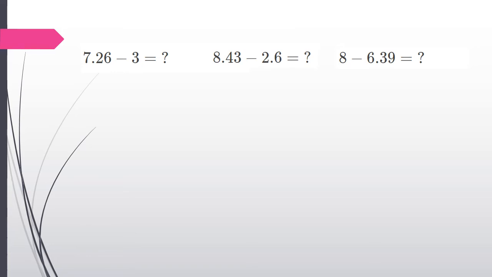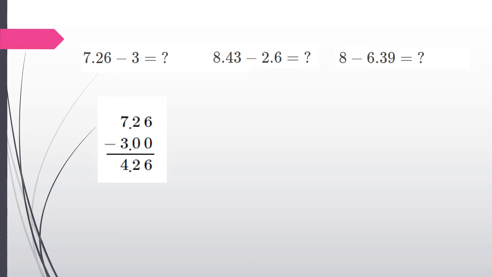We add zeros. Good. How many zeros do we have to add? 2 zeros. Excellent, grade 4. So 7.26 minus 3.00. Now subtract from right to left. The answer is 4.26. Excellent.